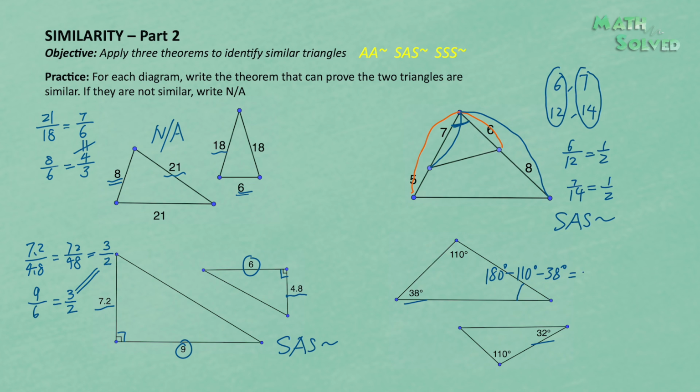And that is equal to 180 subtract 148, and that is equal to 32 degrees. So this angle here is also equal to 32. So 32, 32, 110, 110. So here we have two pairs of congruent angles. So according to AA similarity, these two triangles are similar.